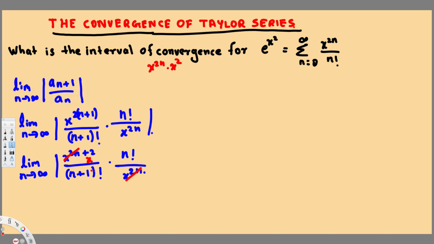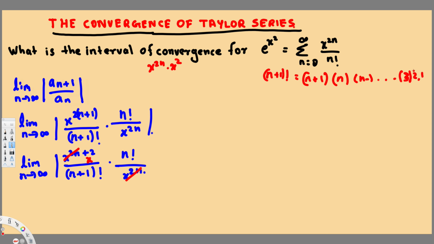And for the factorial, you can see that it goes like this. (n+1) factorial goes n plus 1, then n, so it decreases by one value every time: n minus 1, and so on, and finishes at 3, 2, 1.